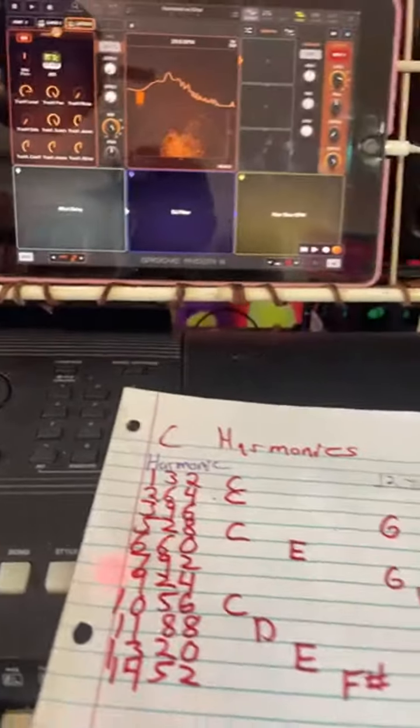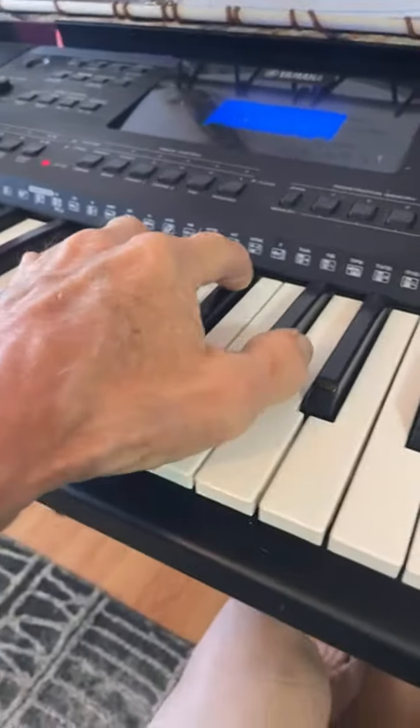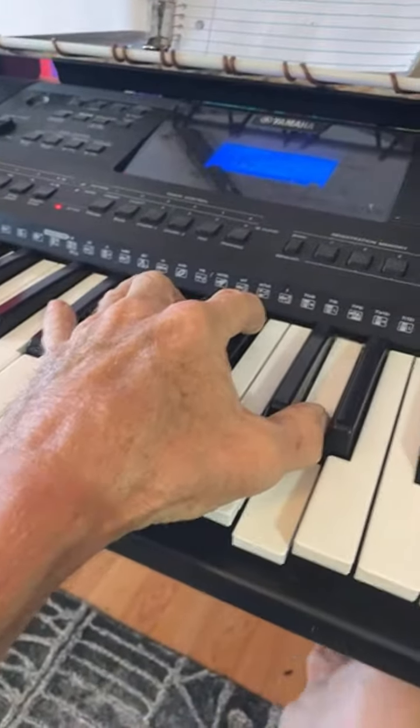But what I did is, let's take a look at this 12 tone equal temperament. I'm going to flip this around so you can see my iPad here. All right, so I'm playing C major, E flat major 7, right?